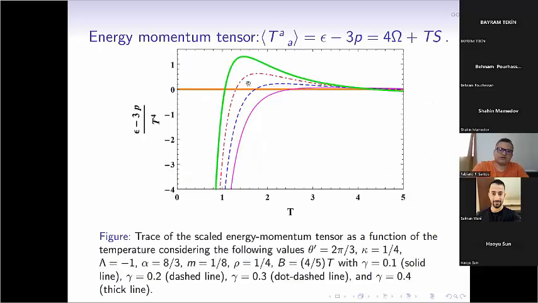But when you compute the energy momentum tensor, right, we found this behavior, okay? Which means that the energy momentum tensor is no longer zero, right? Here in this description, in this model, of course.